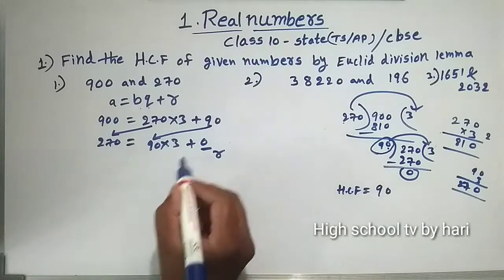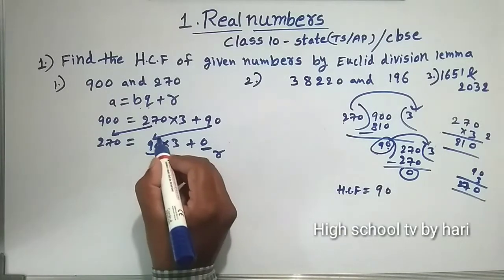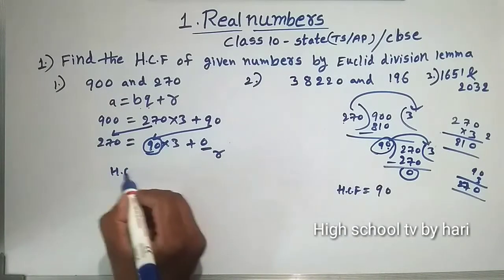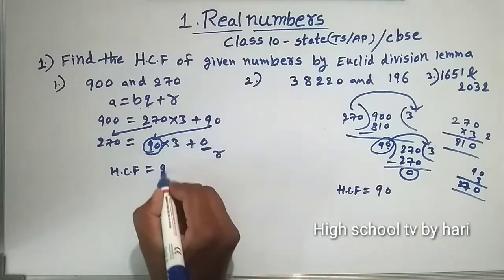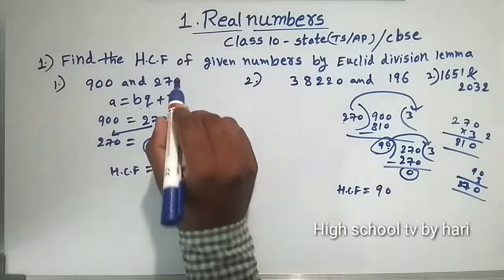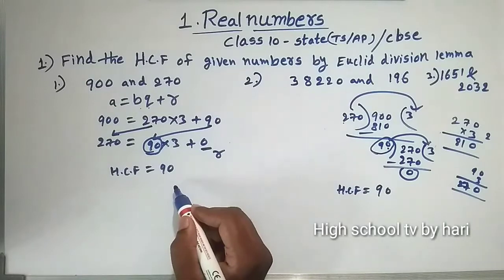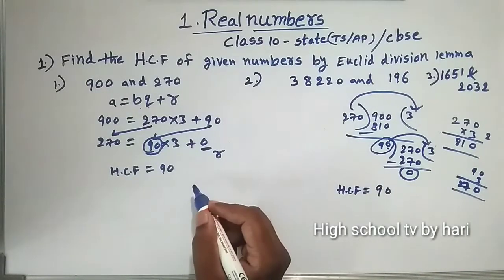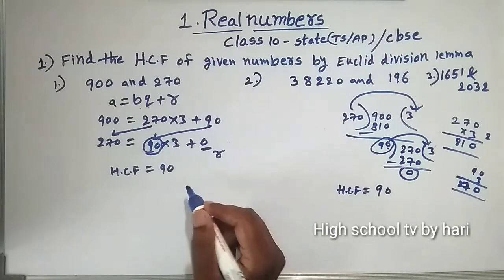Remainder is 0 means we can stop here. This last divisor is the HCF. HCF equals 90. The HCF of 900 and 270 is 90. In this way we can find the HCF of any given numbers.